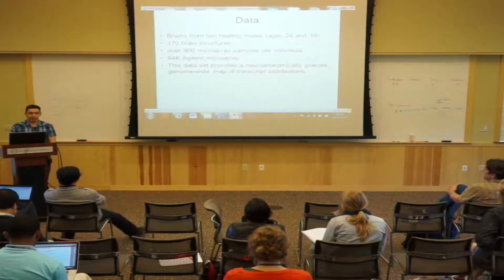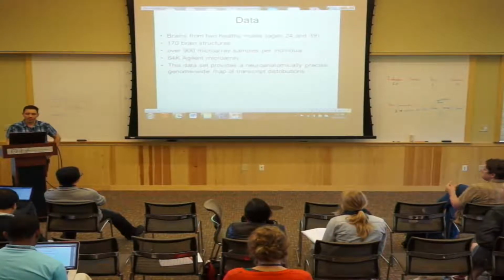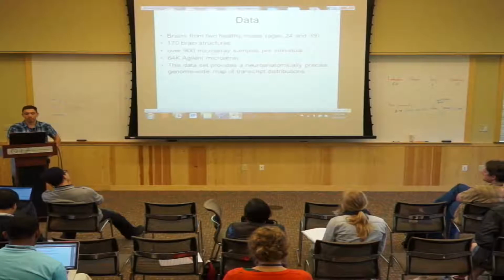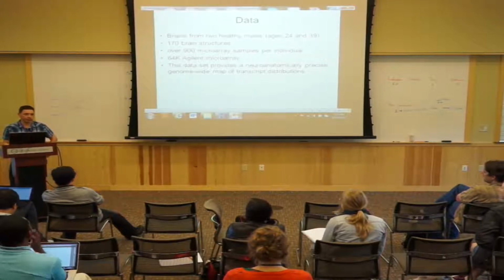And so in certain ways, the sample size is 2, okay, 2 brains. But they were very careful, measuring actually 900 microarray samples per individual, and they queried 170 brain structures.